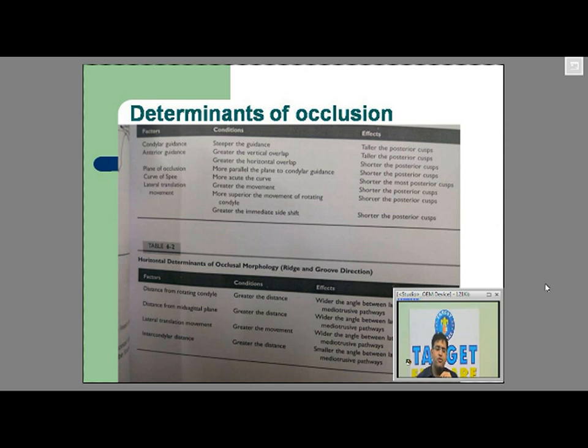The answer over here would be vertical axis. In the horizontal plane, the movement would be around vertical axis.